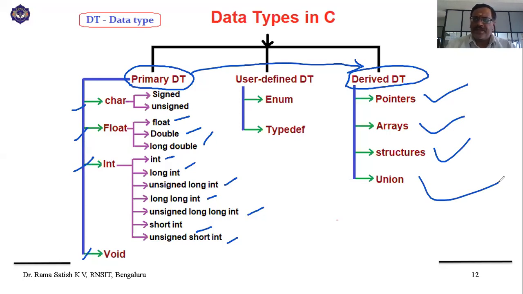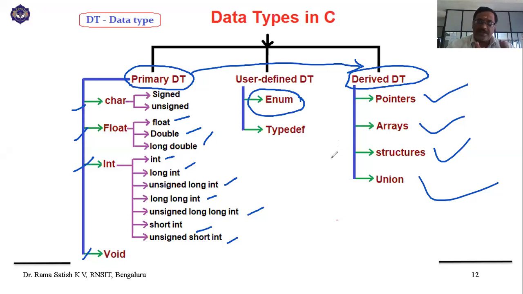Apart from this, the user also can create his own data type. Using enum, he can create his own data type. We have seen this while creating constants. Yes, exactly right. During constants, we used enum. The entire process we call enumeration.